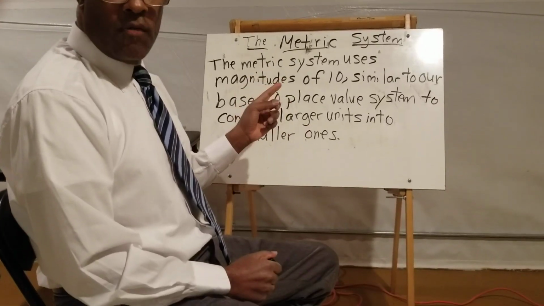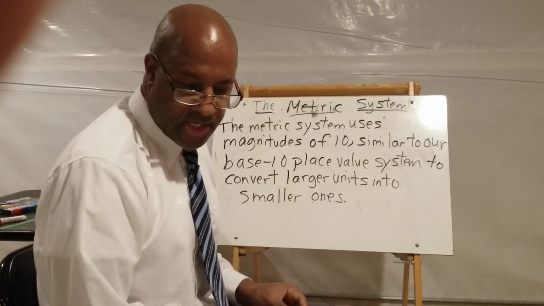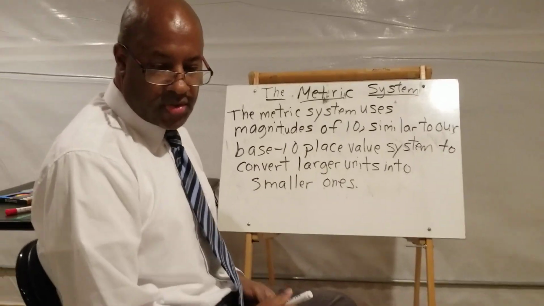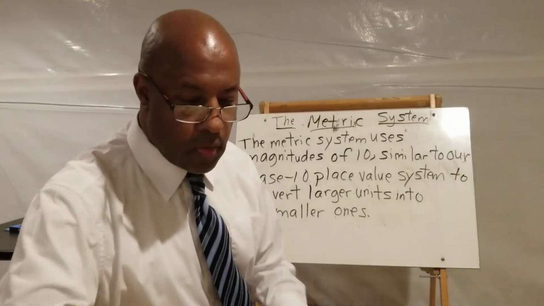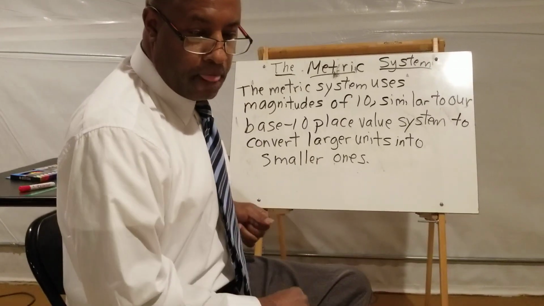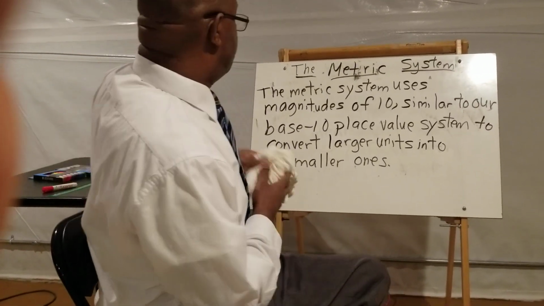Once we go over the metric system today, you'll find out how much easier it is than using the U.S. customary units. So let's talk about the U.S. customary units for a second, boys and girls.